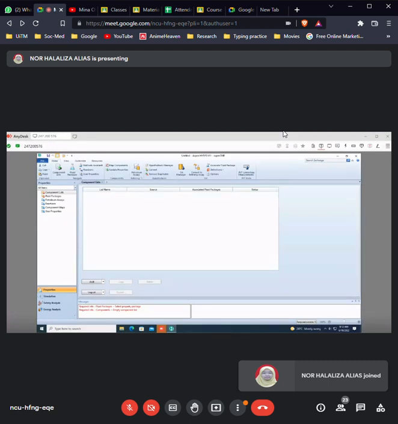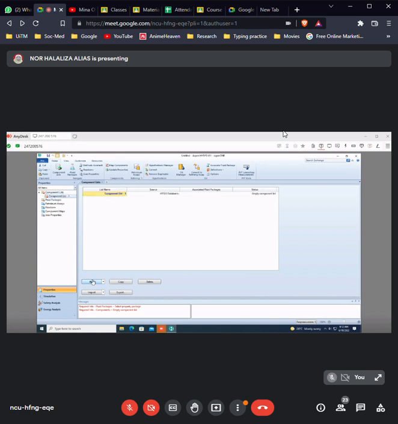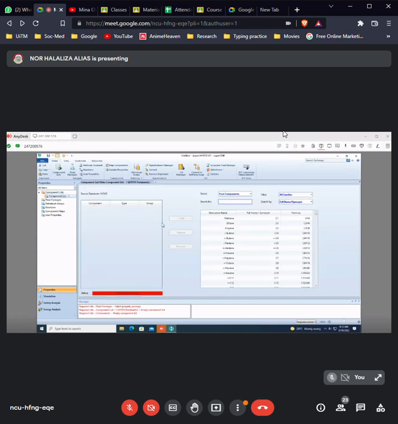Okay, so this is the HYSYS that we are going to look into. Component list. How many components we have? 3. Is that right, class? Yes. Okay, so add. So we do it together. You cuba buat juga. Masukkan dulu tiga tu, N-heptane, toluene and also hydrogen.